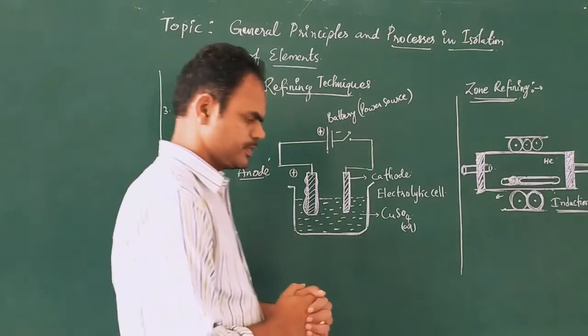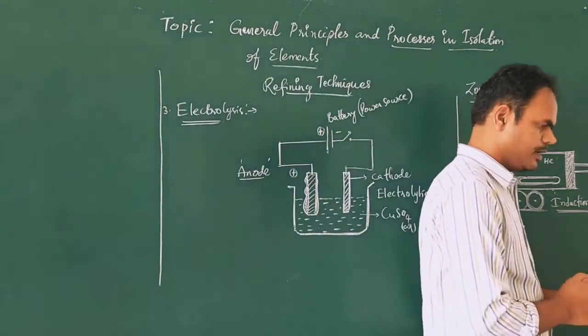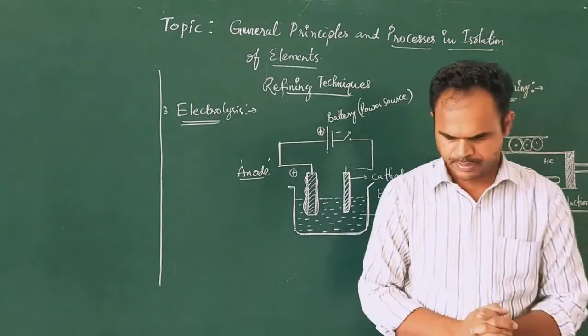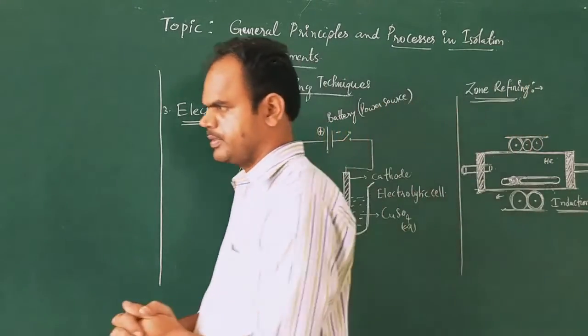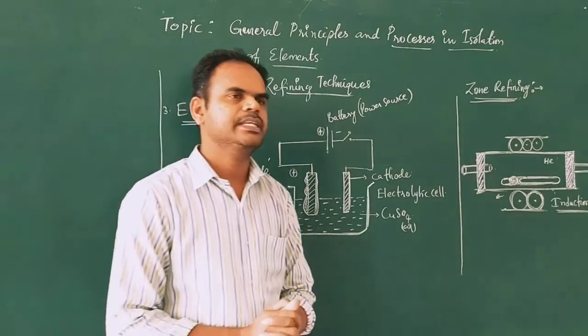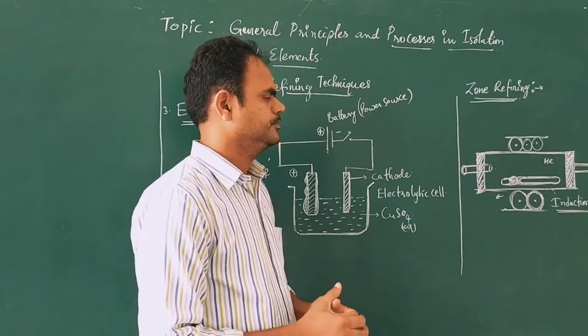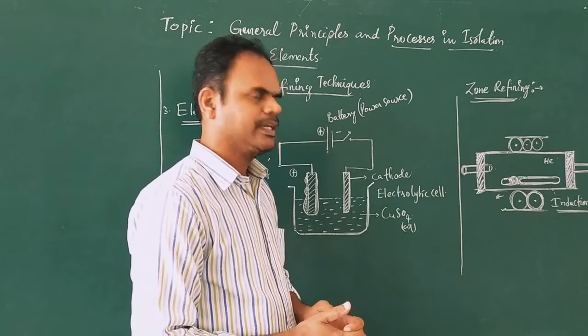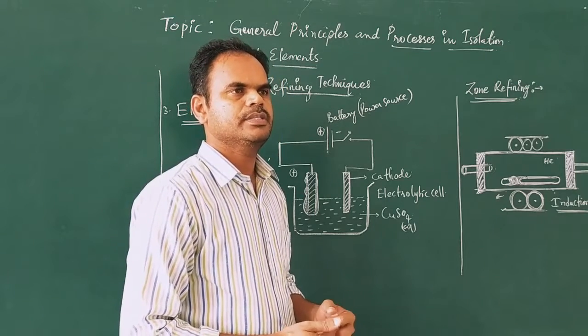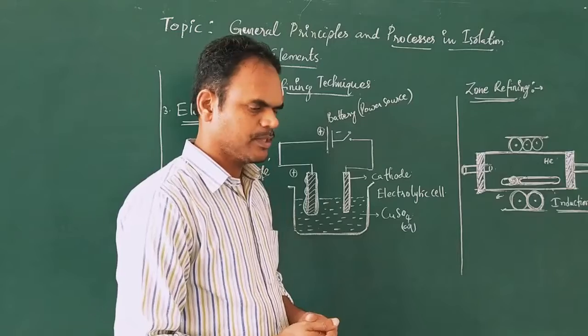So far we were talking about reduction of metal oxide, the Ellingham diagram, the Ellingham graphical representation. We were talking about the second step in the metallurgical process, extraction of the metal.